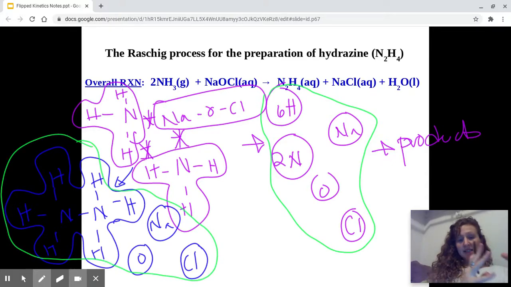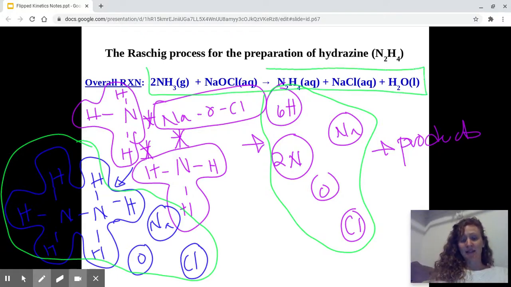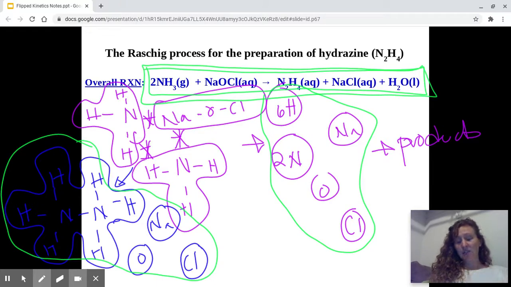The reactants are going to turn into something that's not actually represented in the overall reaction, right? Notice nowhere in this reaction does it ever list all of these atoms separately. Nowhere in the reaction does it ever list a giant molecule where two ammonia molecules are stuck together. These things aren't listed in the overall reaction.